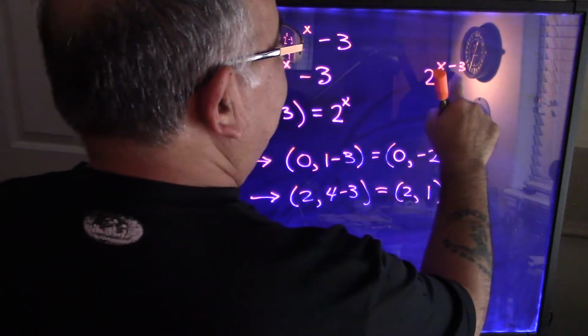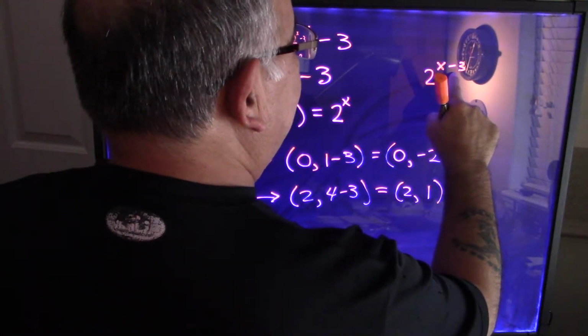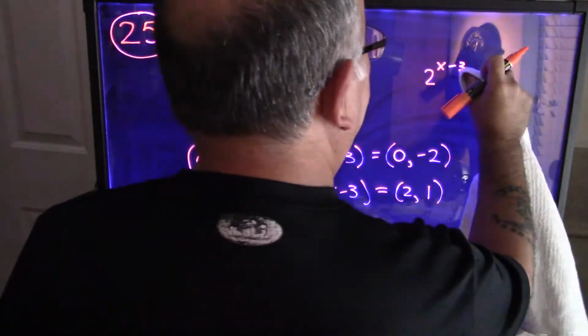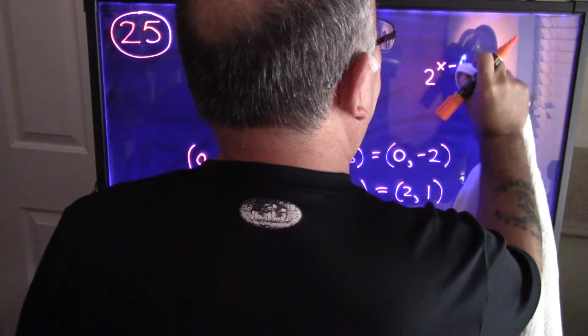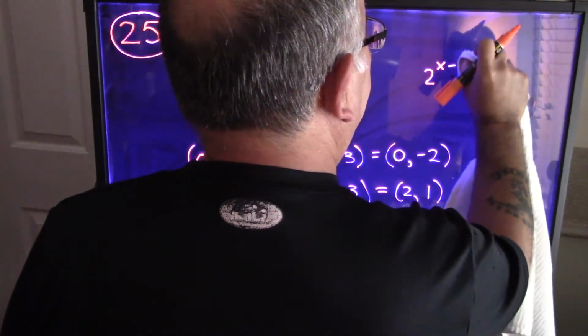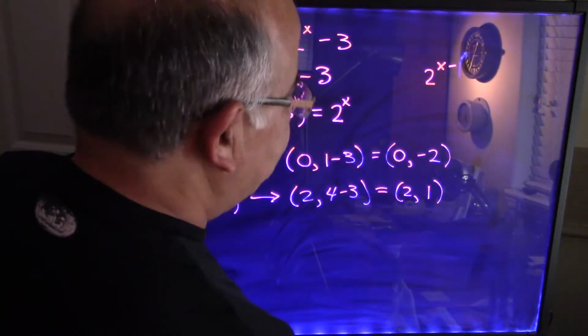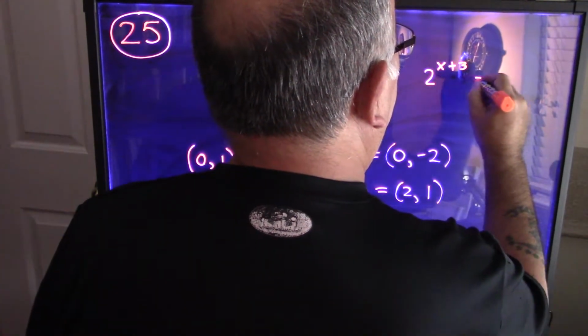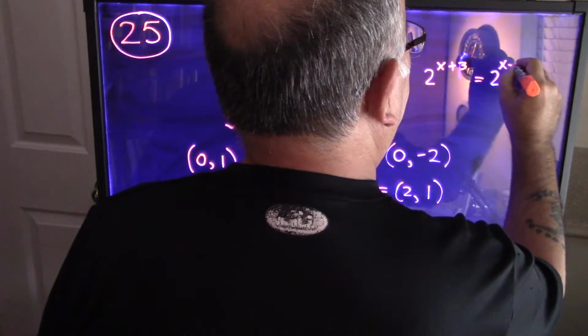Well, let me make that a minus a negative 3, just to keep it consistent with what we've just done. So what if it were 2 to the x plus 3, for example, or 2 to the x minus negative 3?